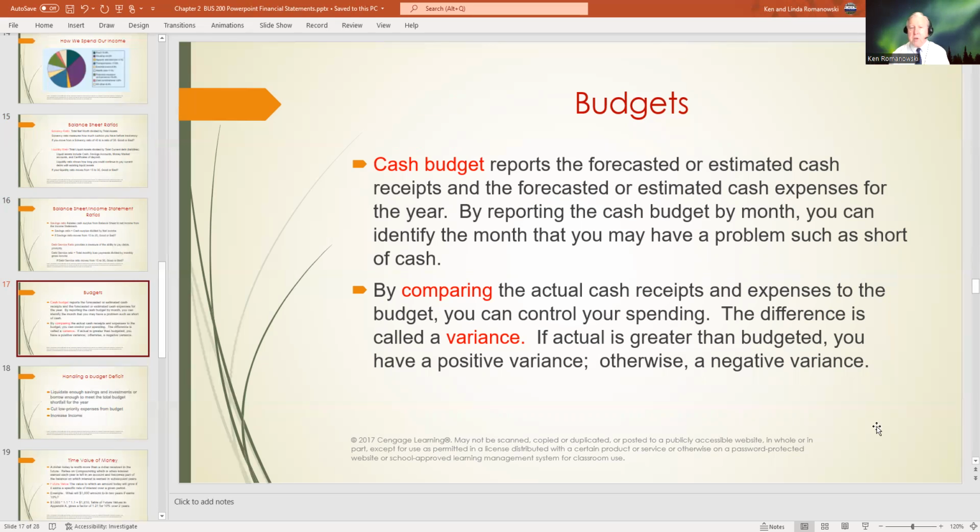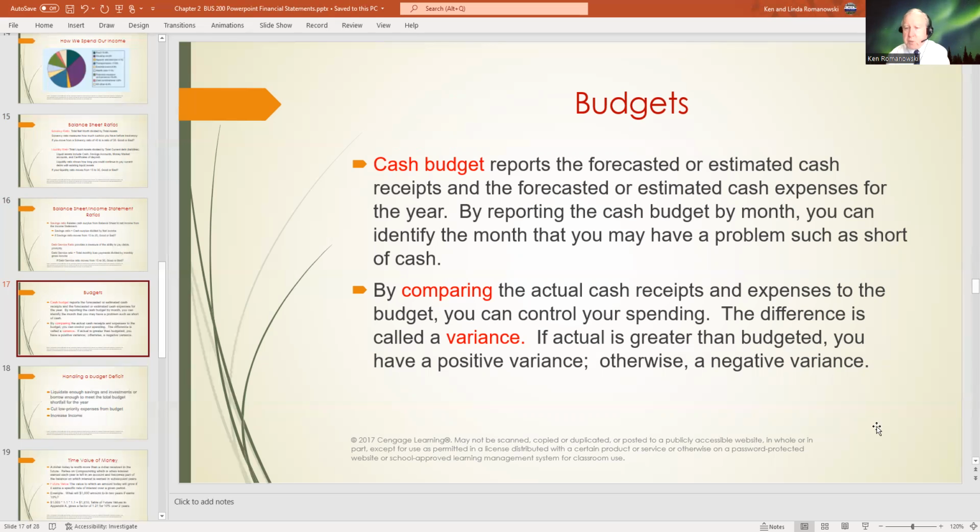And what you do is you compare these cash receipts that are budgeted to the actual cash receipts and expenses, the cash receipts and expenses that you have.